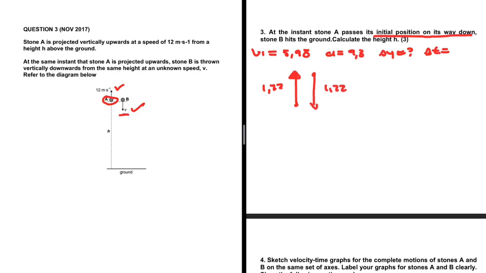So the time taken for the entire motion is 1.22 multiplied by 2. And we know fully well that that is the time taken by stone B to strike the ground, as stone A passes its initial position on its way down.